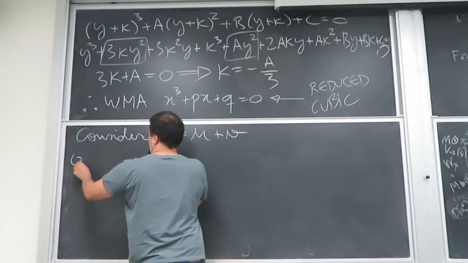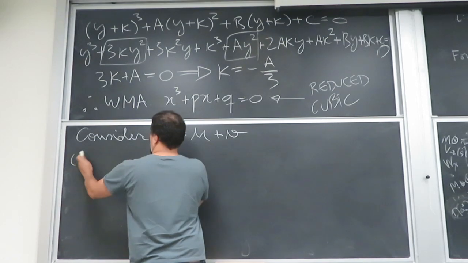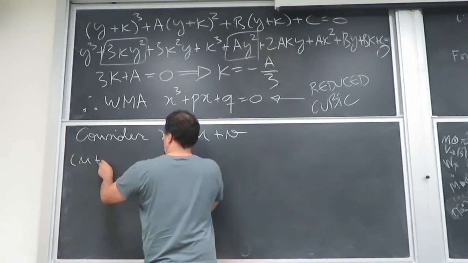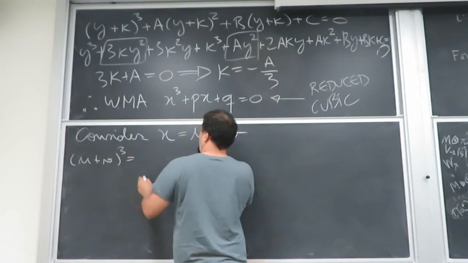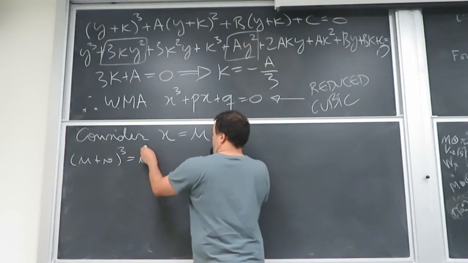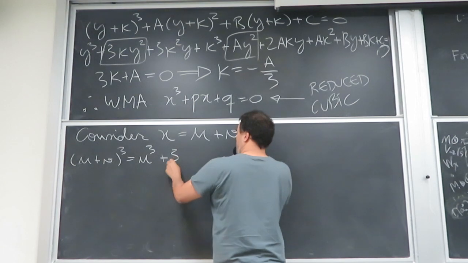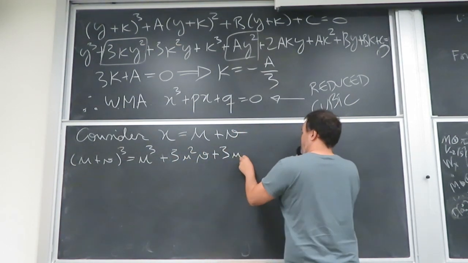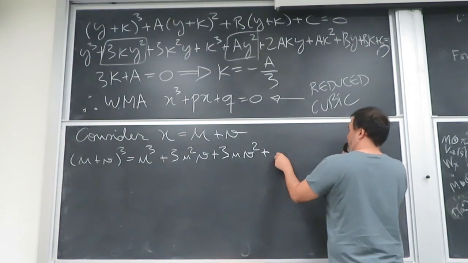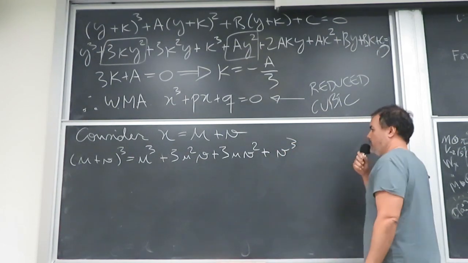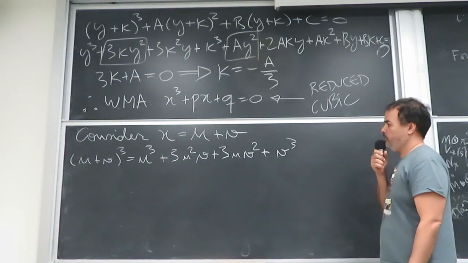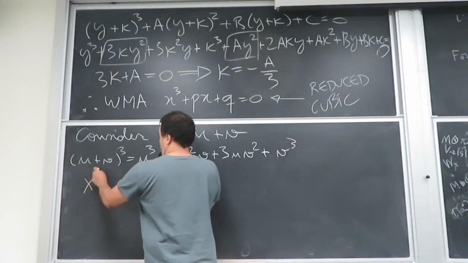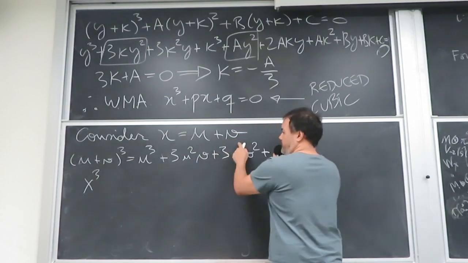We are separating this x as the sum of two variables, and let's see what happens. So x cubed is going to be (u plus v) cubed. We know that this is u cubed plus 3u squared v plus 3u v squared plus v cubed, right? But this is x cubed by definition.